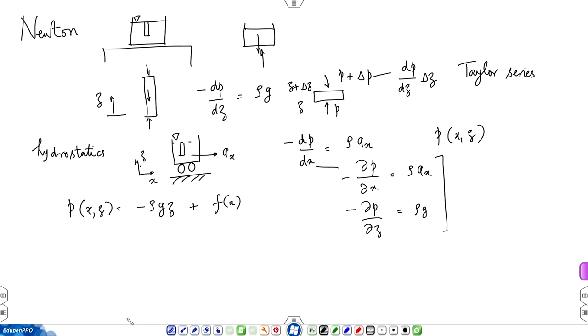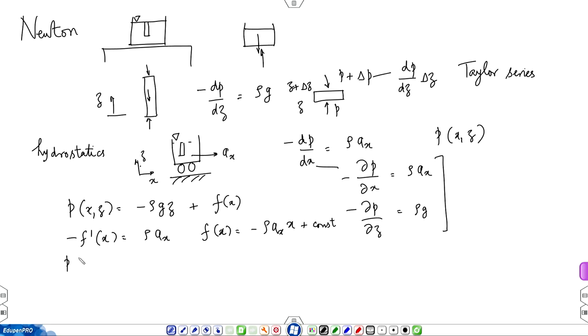So, put this equation in the first part and get, so the derivative of rho g z with x is 0. So, you get minus f prime x is equal to rho a x. So, f x is equal to minus rho a x times x plus some constant. This is now a strict constant which does not depend on either x or z.